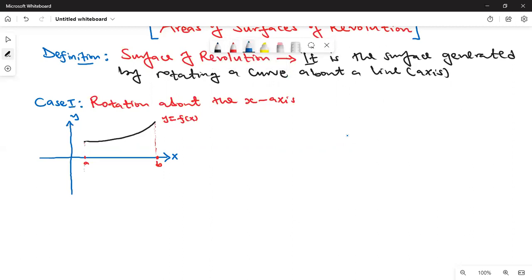Of course, I'm going to extend this and also this point so that we'll have something like this. And you see here, it will now be circular because we are generating a surface. So this is circular, even this other side is circular.